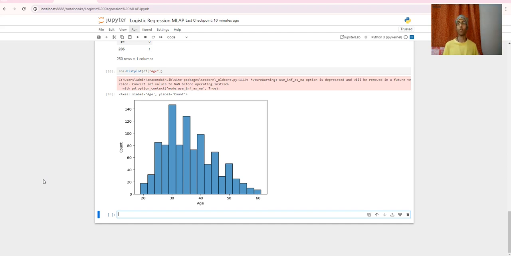We will do it through something called jointplot. sns.jointplot, x is equal to df age, y is equal to df income, and the data we are going to use is obviously df, data frame.